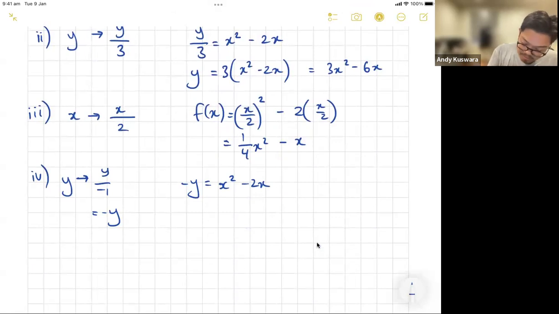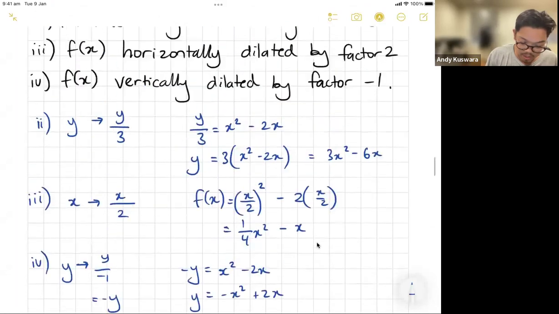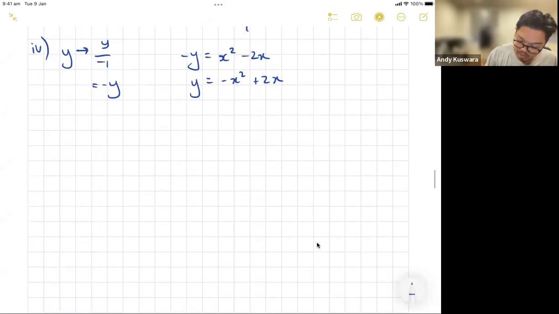And from there, I'll rearrange to get a positive y, so it would just be minus x squared plus 2x in this case. So you can see it's just going to reflect it from positive to negative. Okay, so those are my 3, and let's try to sketch them all together.